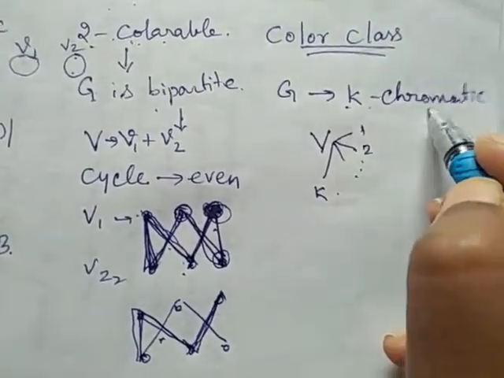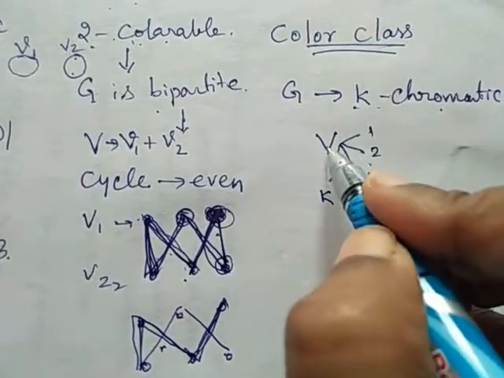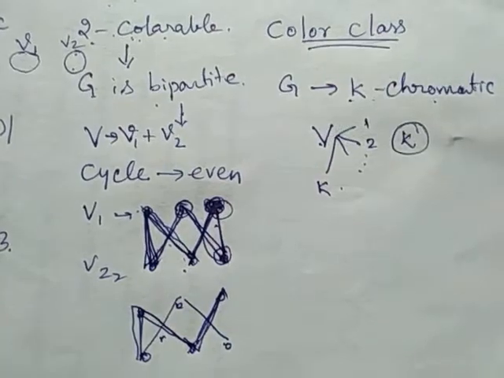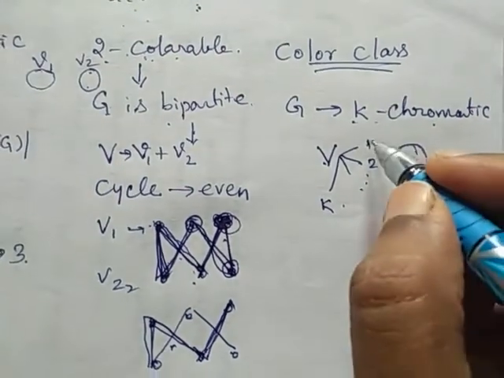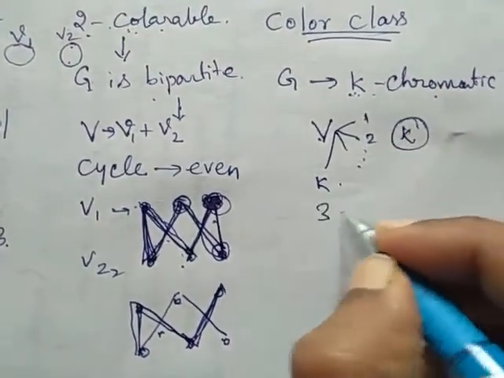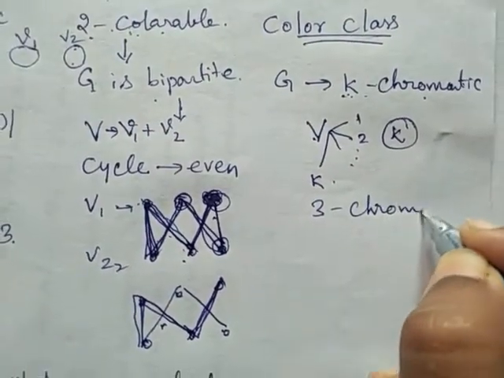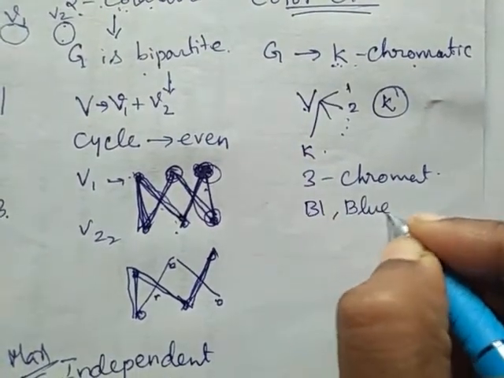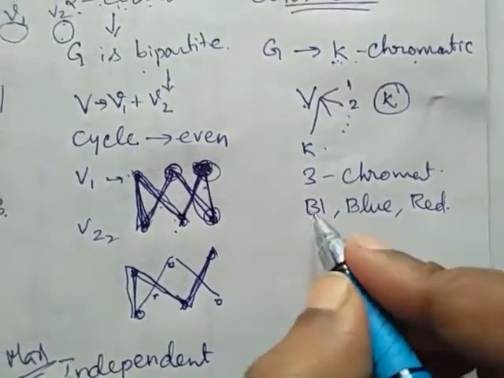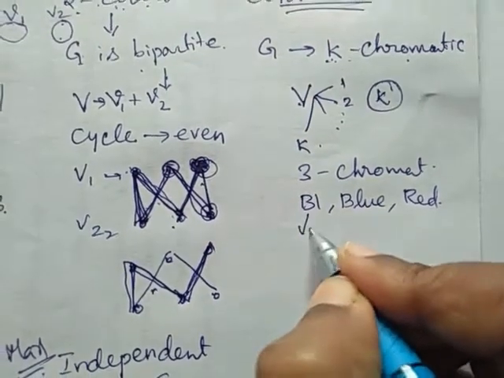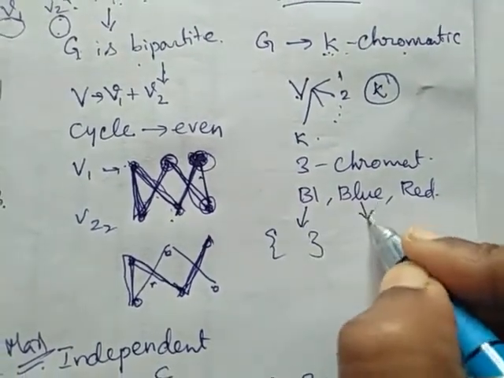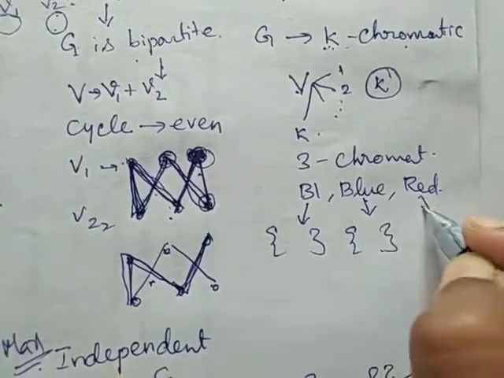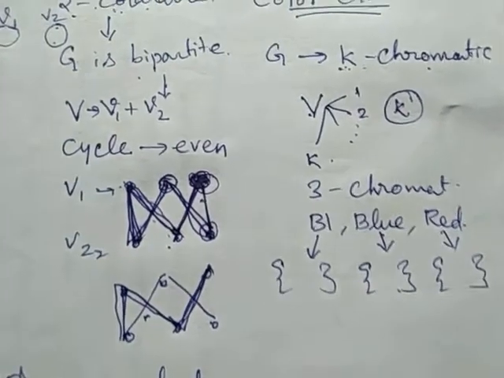If it is a 3 colorable graph, colored with black, blue and red, whatever vertices are colored black I will take as one set, vertices colored blue as another set, and red vertices as another set.